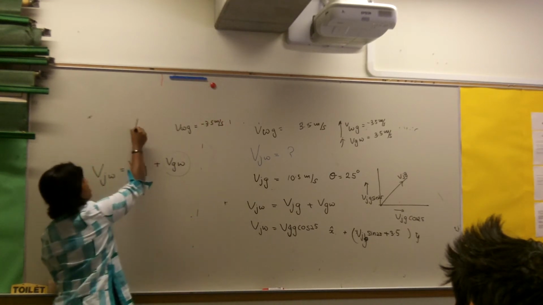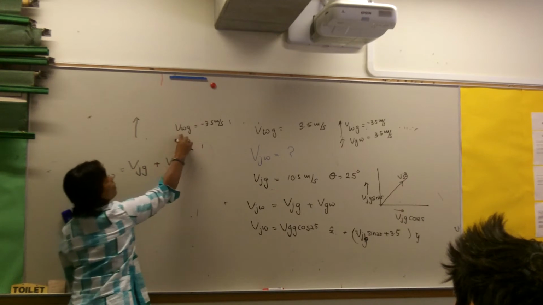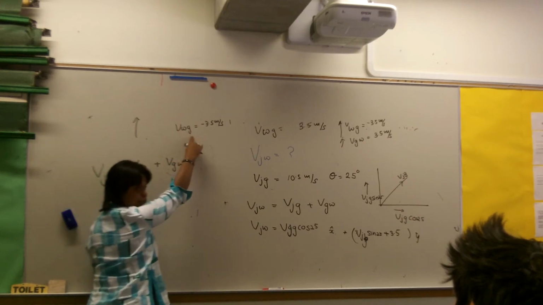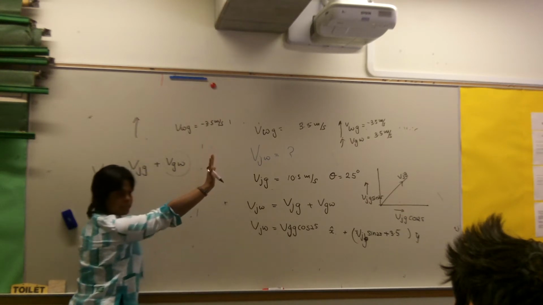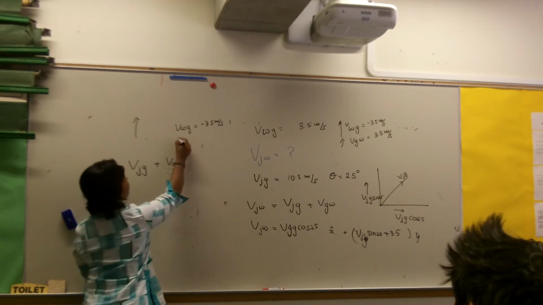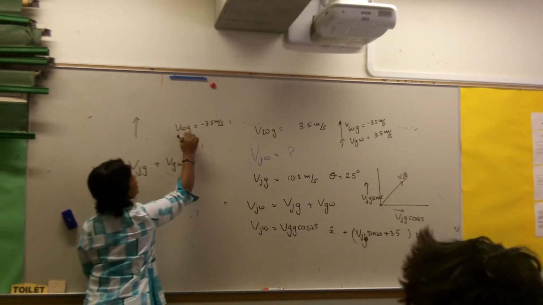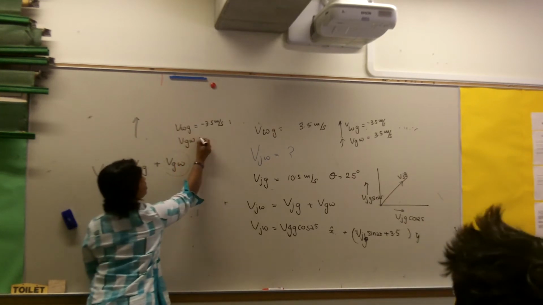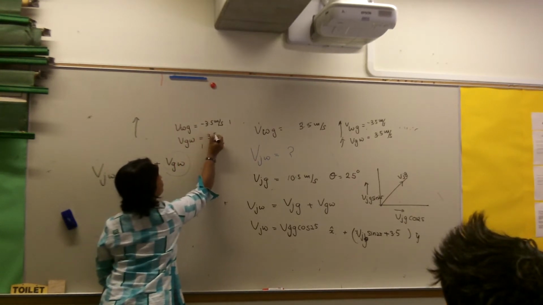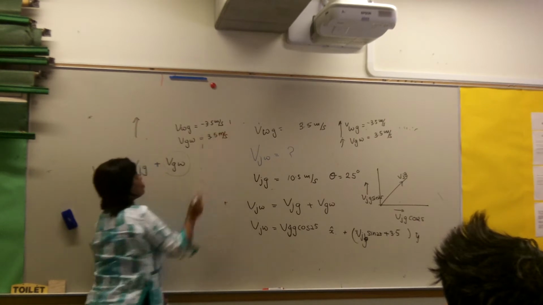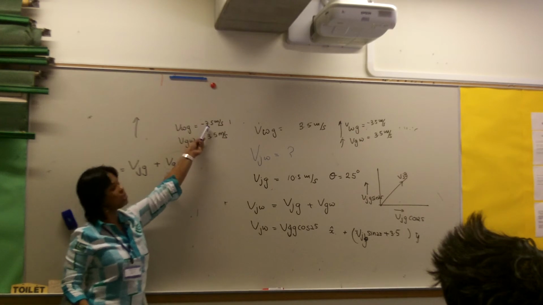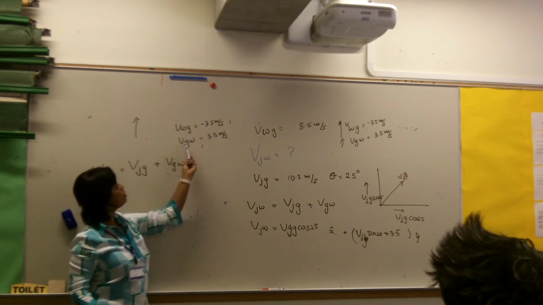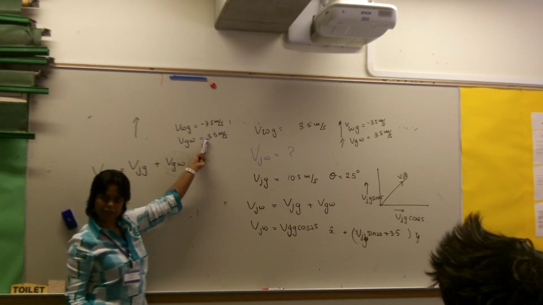If you consider this direction as positive, we know the value of WG as negative 3.5. Is that clear to you guys? Up to here? Therefore, if you are changing, your sign needs to be changed. So VGW becomes 3.5. WG is negative 3.5. GW is positive 3.5.